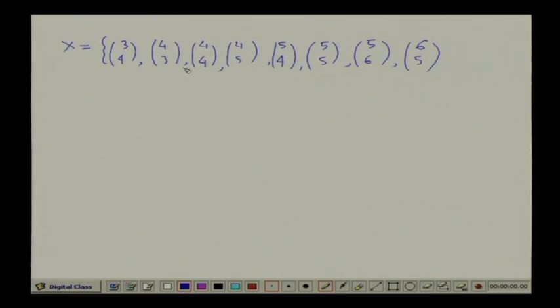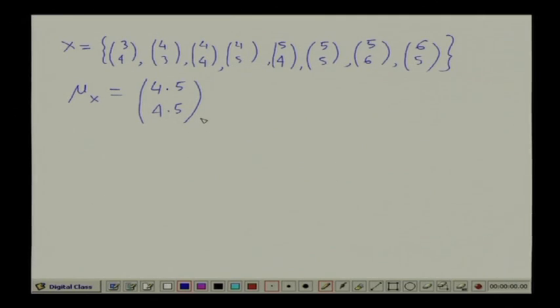So, we have 8 two dimensional vectors in this population. From these vectors it is quite easy to compute the mean vector mu x, which in this case is 4.5, 4.5. So, this is the mean vector that we have got.